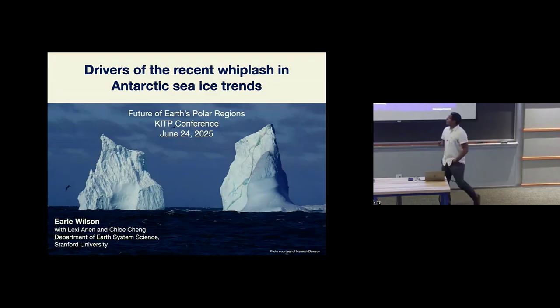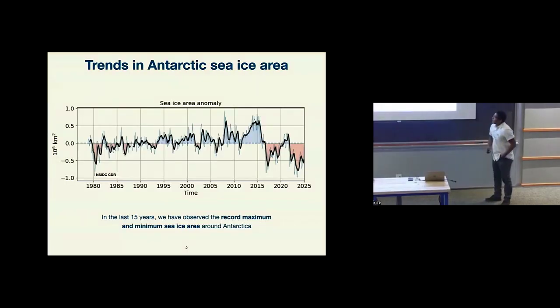So, to set the stage here. You've seen this plot yesterday. This is showing the monthly average trends in Antarctic sea ice anomaly, going back to the satellite records from the NSIDC climate data record. What you can see is that in recent years, since around 2016, there's been this prolonged period of sea ice decline across the Southern Ocean.